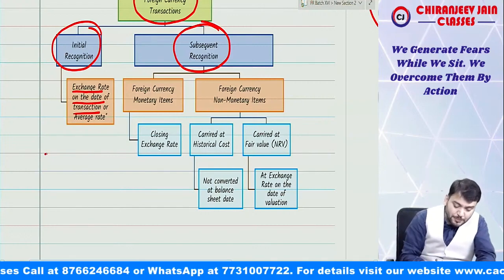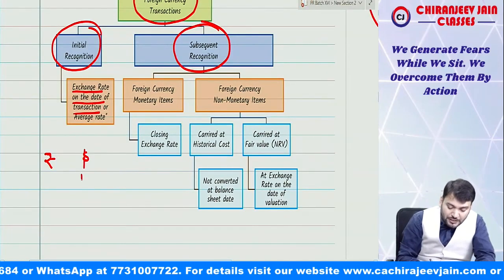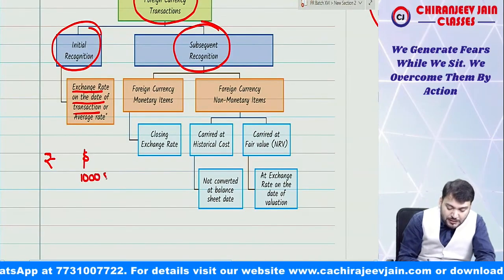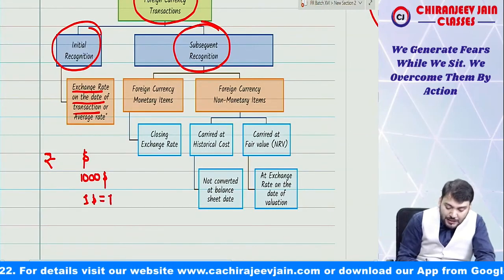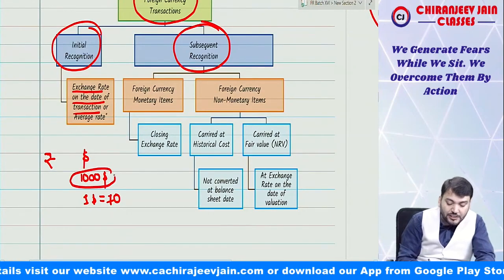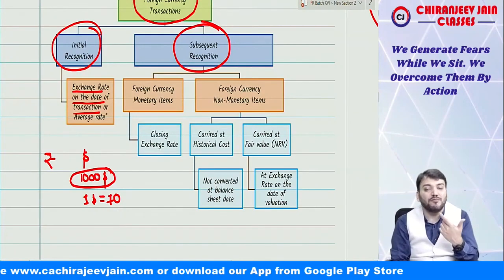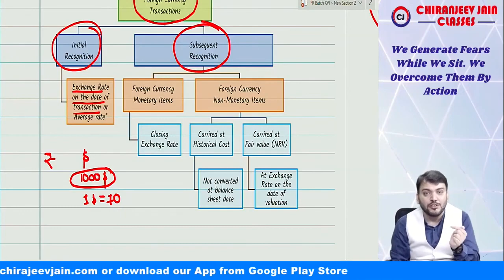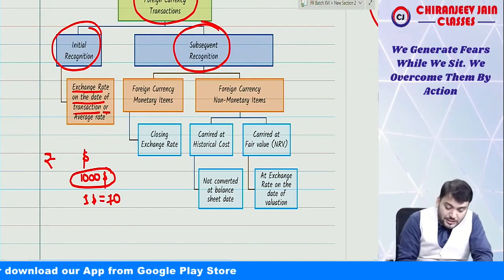Suppose functional currency is rupees, but you purchase equipment at $1,000, and on that date $1 is equal to 70. So you record 1,000 times 70, that is 70,000. Or by using average rate.